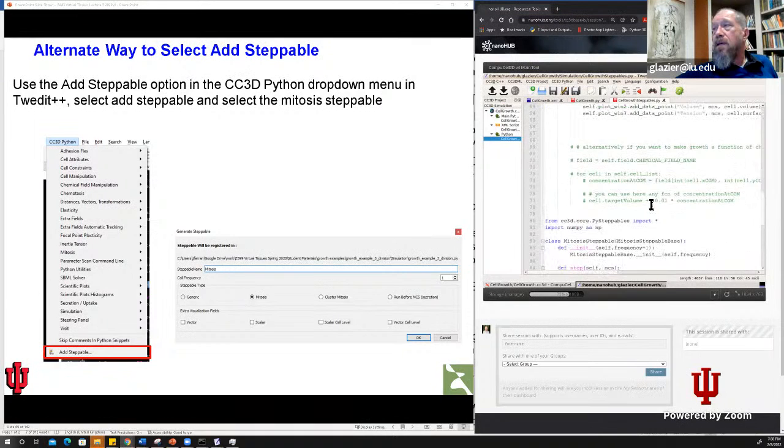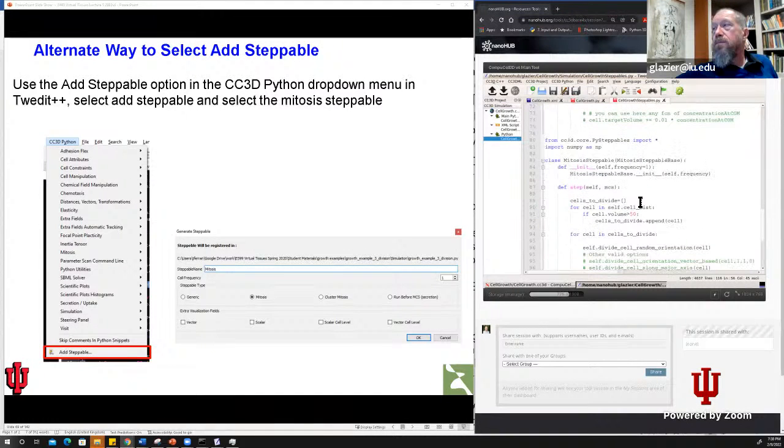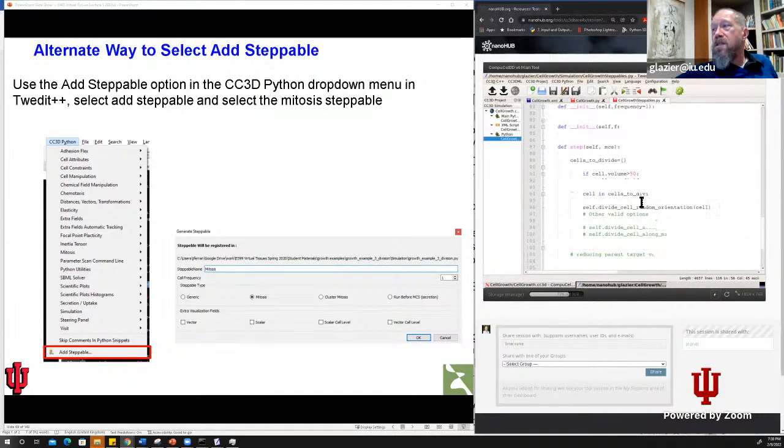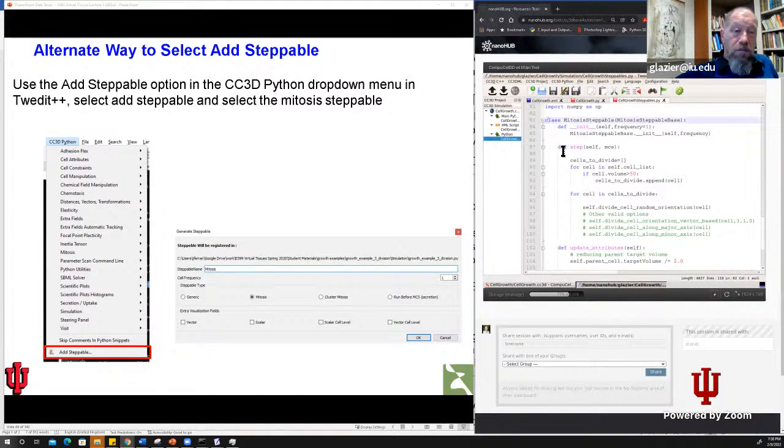And if you now look at your code, you will see at the end of the code, class, mitosis, steppable, and so on, precisely what I walked you through a minute ago. So everybody, please do that. If anybody has trouble, raise your hand and we'll walk you through it.